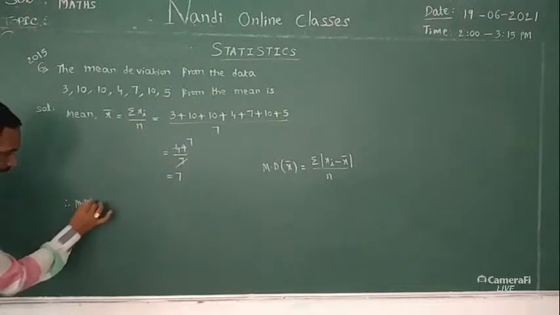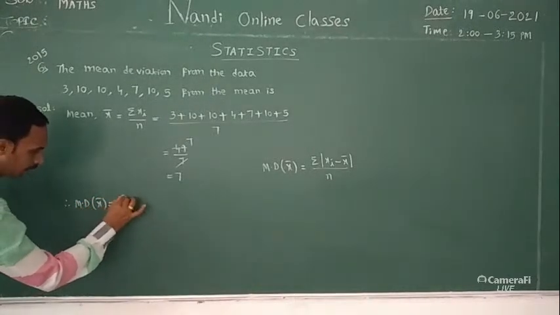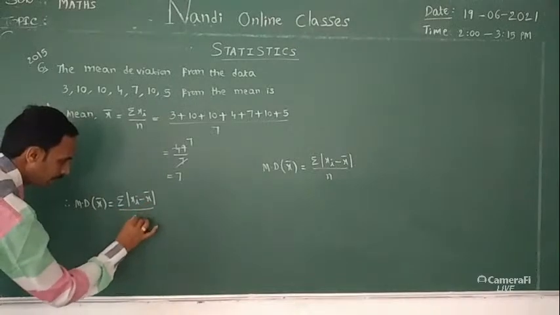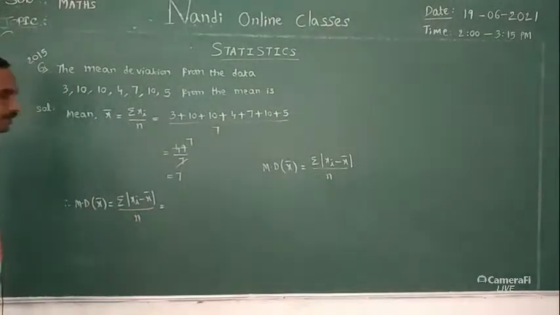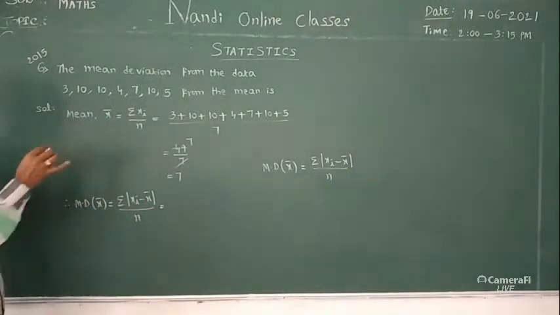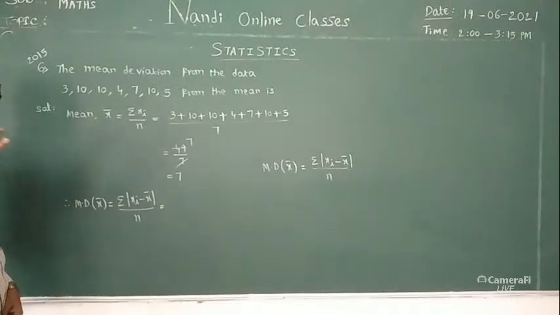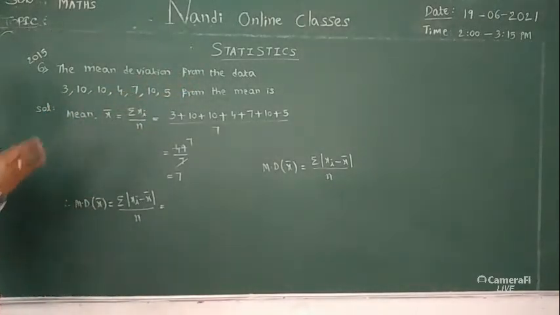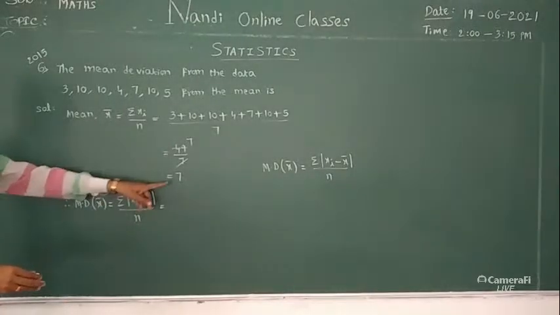Therefore, MD about x bar is equal to summation modulus of xi minus x bar divided by n. Here xi means the observations x1, x2, x3, x4, x5, x6, x7, 7 observations, minus the mean, which is 7.